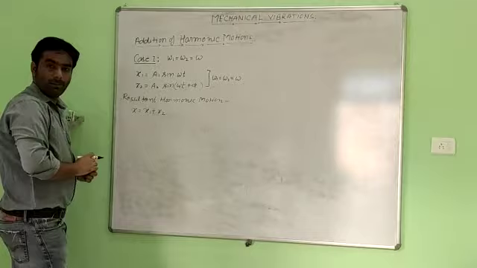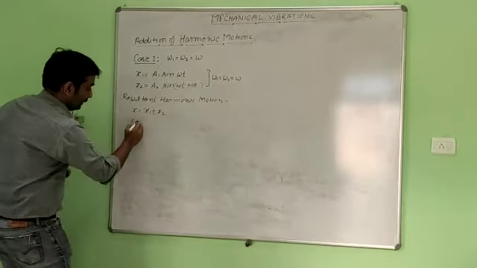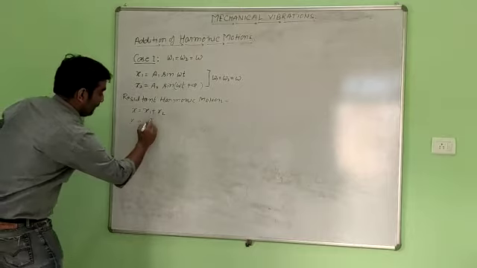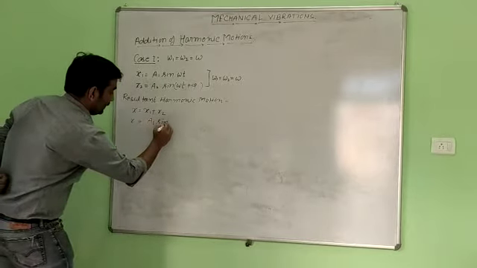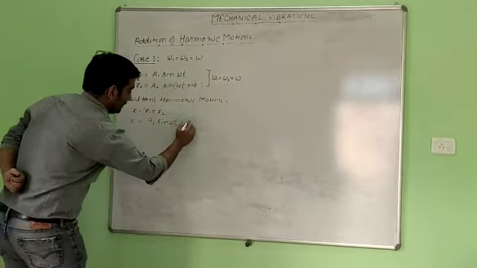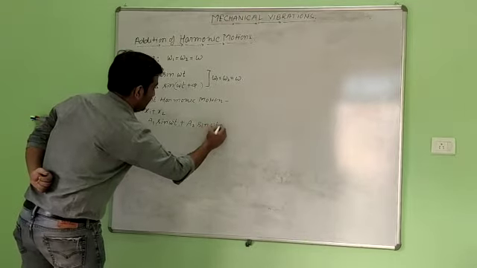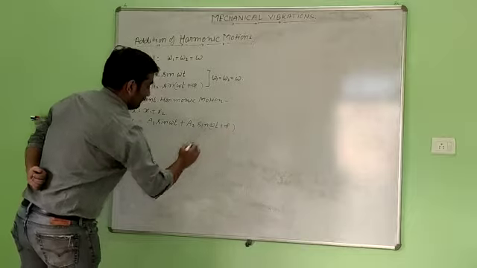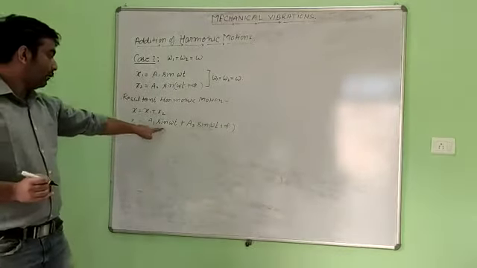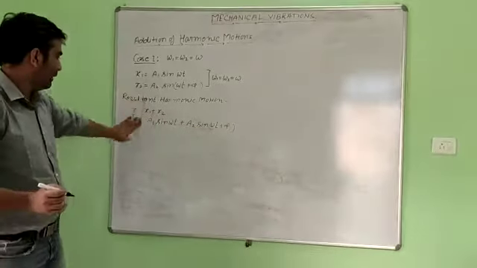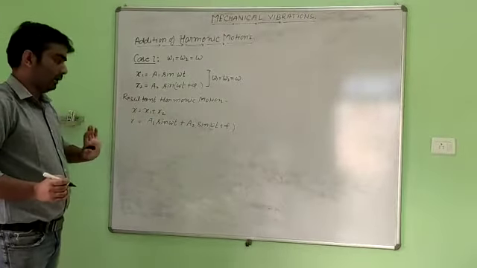Then x will be equal to a1 sin omega t plus a2 sin(omega t plus phi). Just we have added the two harmonic motions.